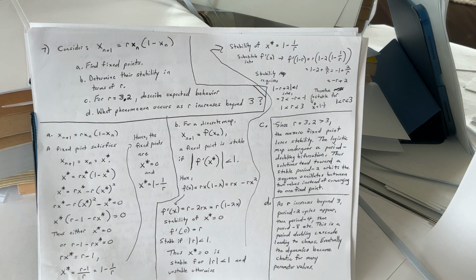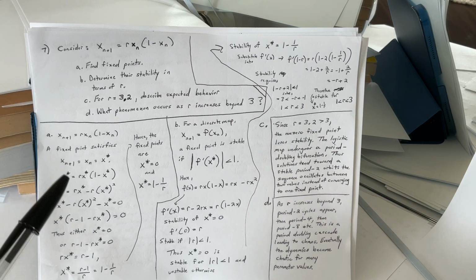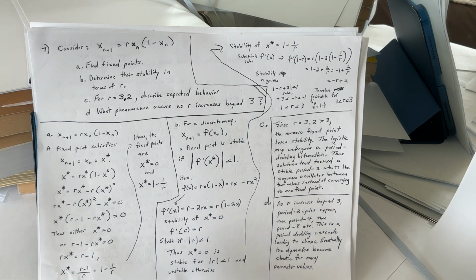Okay, so let's go over letter A. Find the fixed points. Our fixed points satisfy, remember, x sub n plus 1 equals x sub n equals x star. So we have x star equals r x star, quantity 1 minus x star. X star equals r x star minus r x star squared.